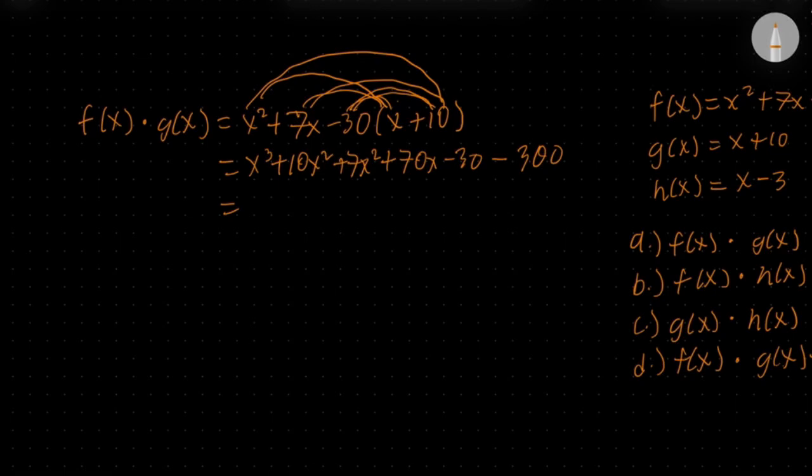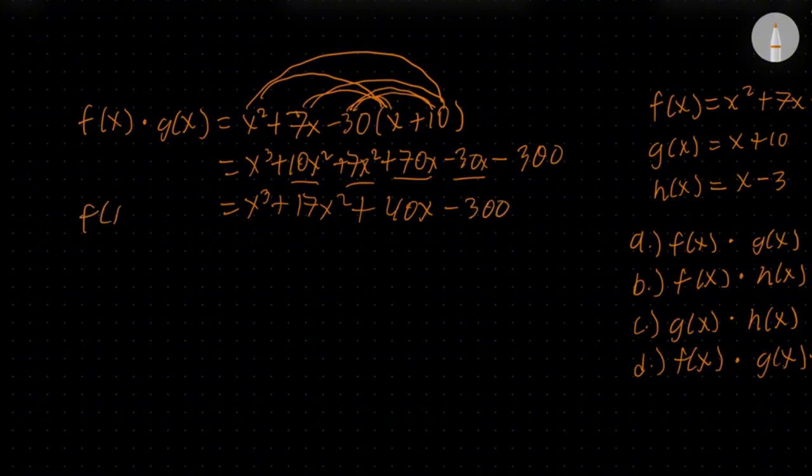Now we're going to add up like terms. We'll have x cubed, 10x squared plus 7x squared is 17x squared. 70x minus, oh, we forgot to add x here. Okay, 70x minus 30x is 40x minus 300. And that is our answer.